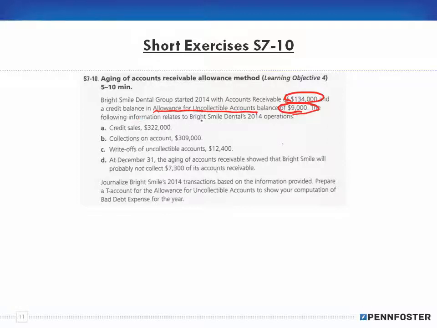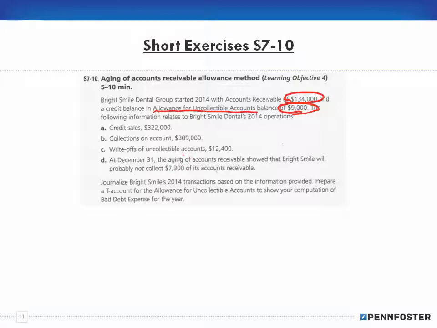The following information relates to Bright Smile's operations: credit sales $322,000, collections on account $309,000, write-offs of uncollectible accounts $12,400. At December 31st, the aging of accounts receivable showed Bright Smile will probably not collect $7,300 of its accounts receivable.